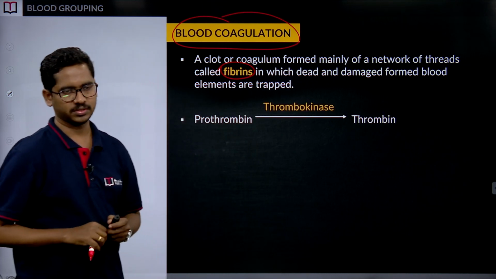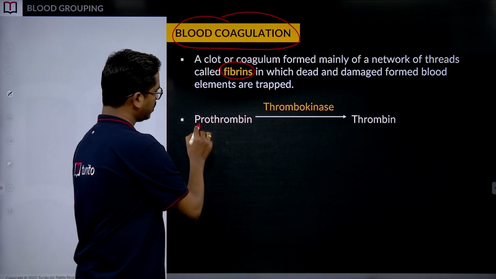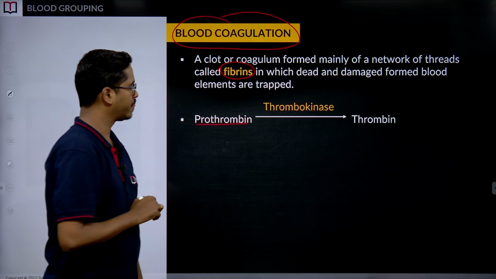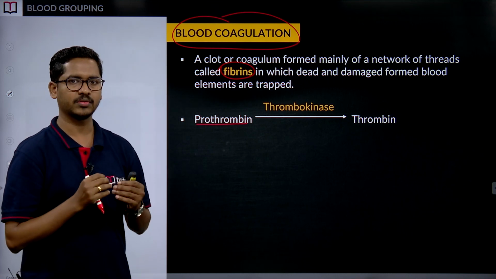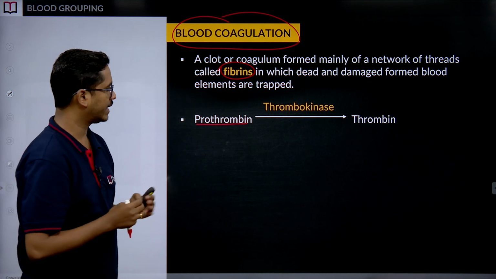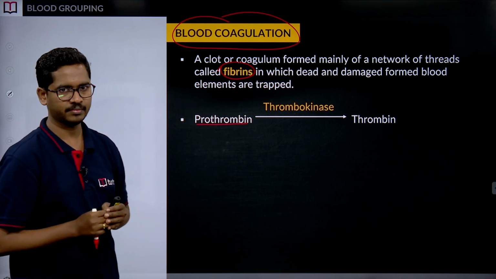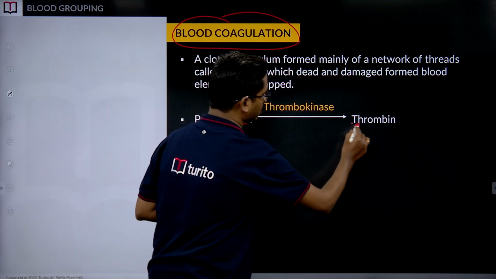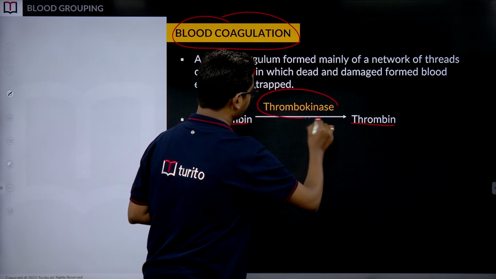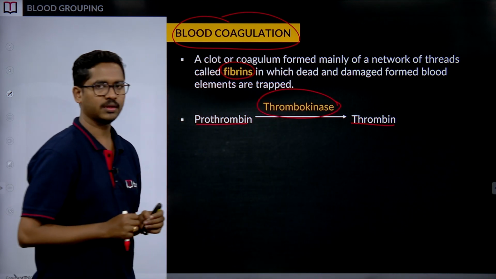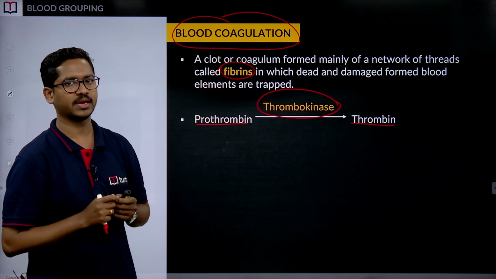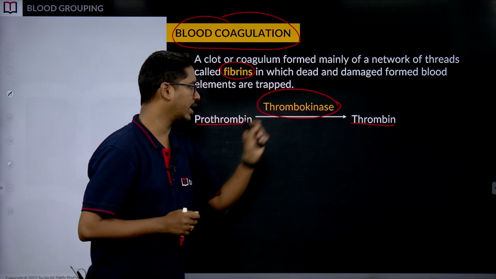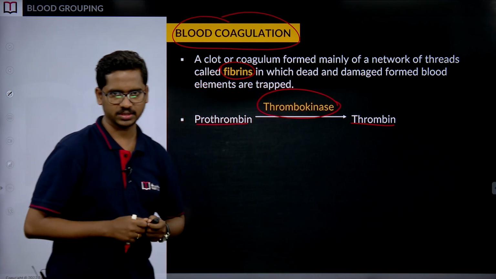So, firstly, prothrombin is a protein, it has to get activated. So, it has to form thrombin, that can only take place in a reaction with an enzyme as a catalyst, that is thrombokinase. Thrombokinase is a catalyst.